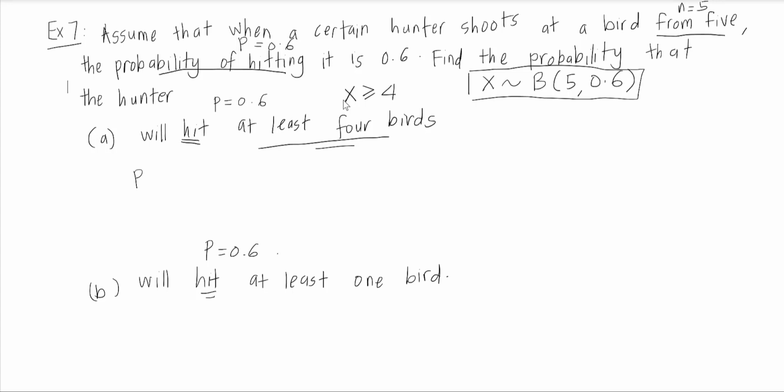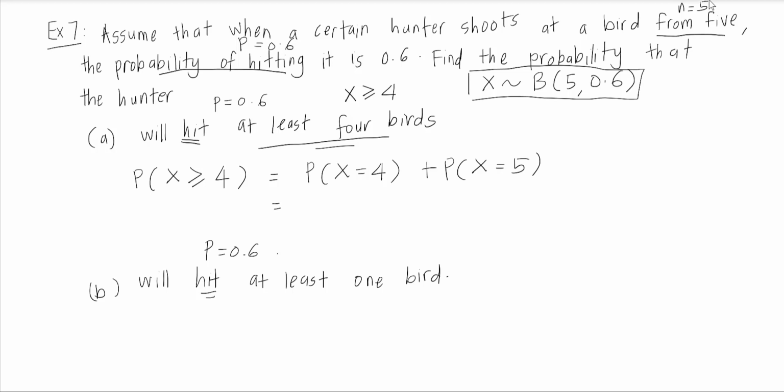So you are going to look for the probability when x is greater than or equal to 4, that means x equal to 4 and also x equal to 5. We have number of trials up to 5, so we stop at x equal to 5.